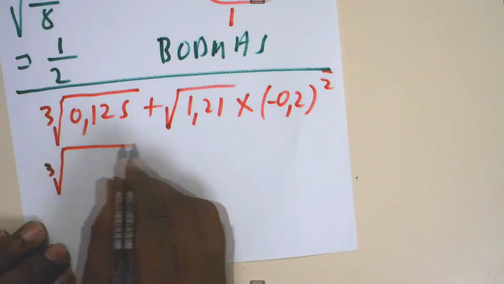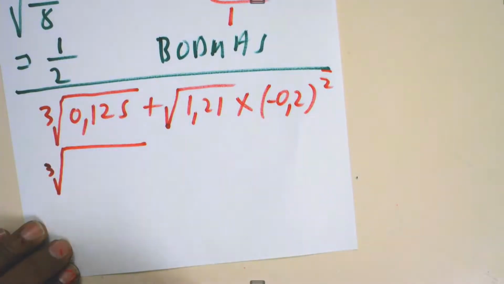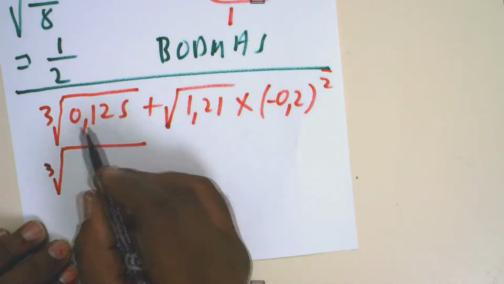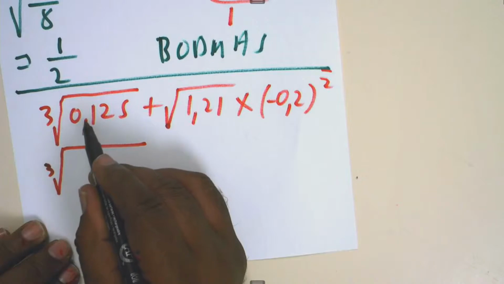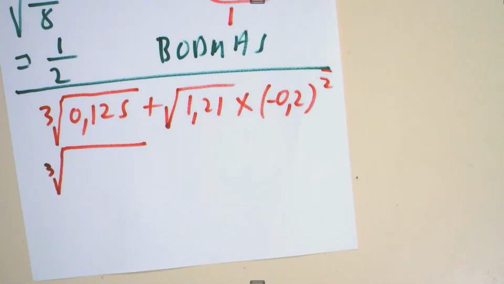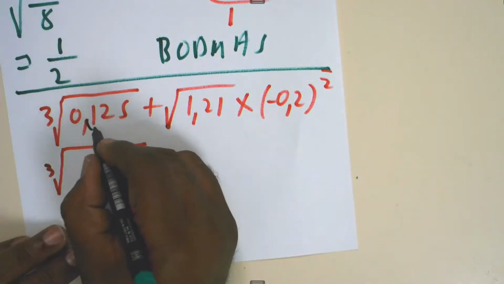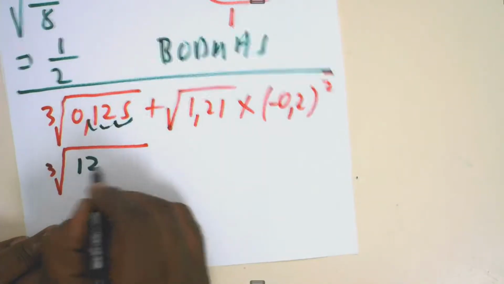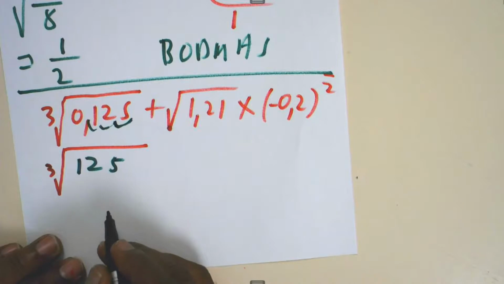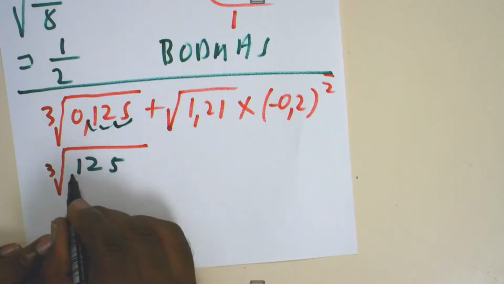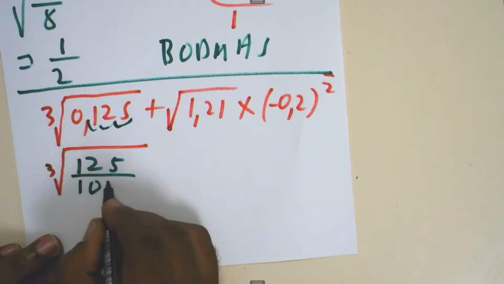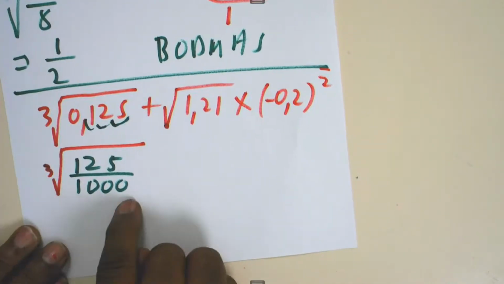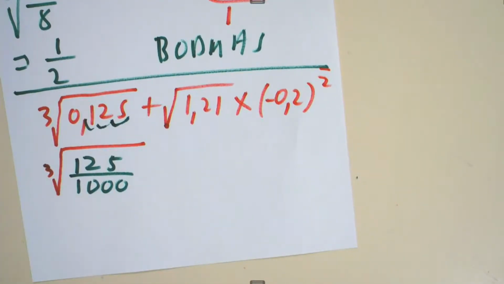And this is what we do. We want to make this one a whole number. Therefore, we move a decimal comma. 1, 2, 3. Therefore, 125 is a whole number. But because we moved the decimal comma 3 times, we'll say divide by 1,000. In other words, we moved it 3 times, we're going to use 3 zeros.